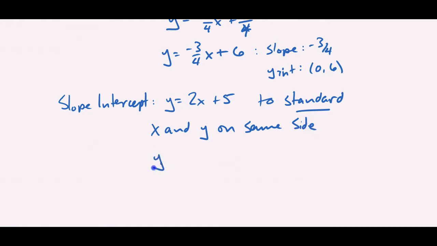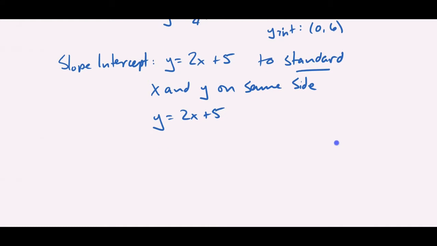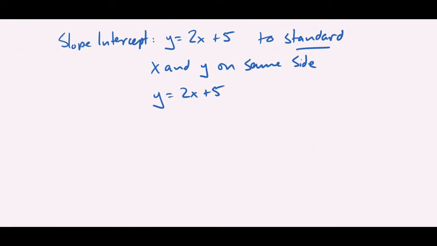Looking at y equals 2x plus 5, the y is on one side, the 2x is on the other, and the 5 is just fine. I would like to have the 2x join the y on the other side, so to eliminate that 2x, we'll subtract 2x from both sides.